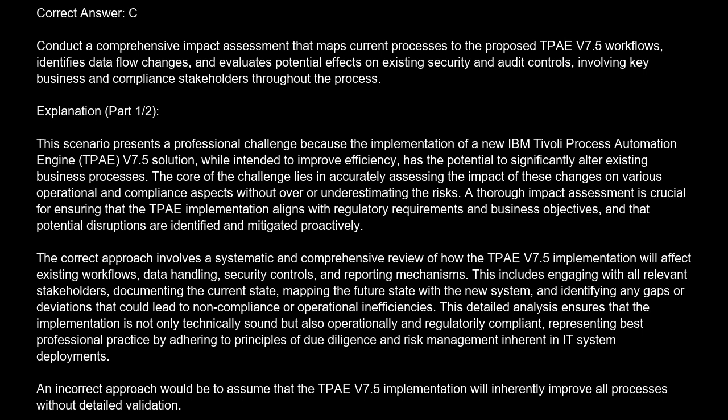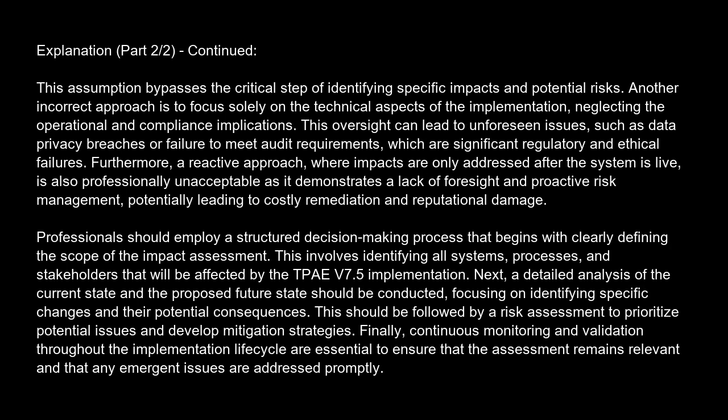An incorrect approach would be to assume that the TPv7.5 implementation will inherently improve all processes without detailed validation. This assumption bypasses the critical step of identifying specific impacts and potential risks. Another incorrect approach is to focus solely on the technical aspects of the implementation, neglecting the operational and compliance implications.